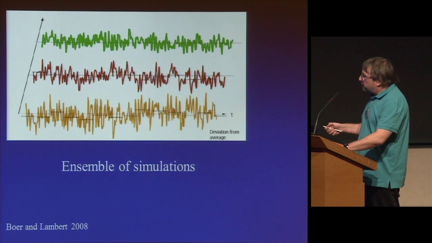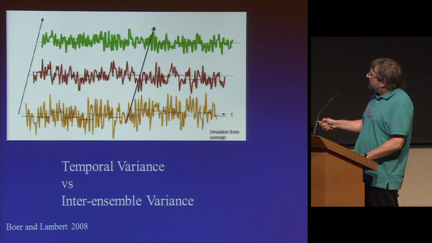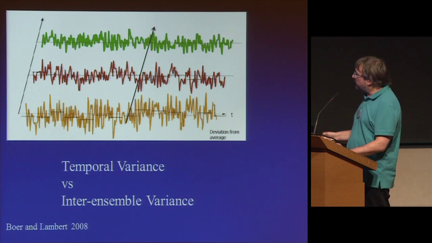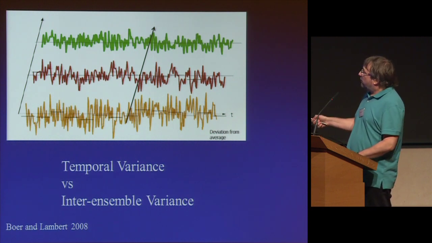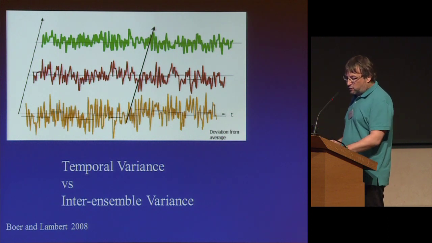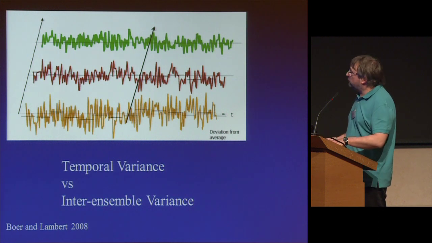you can imagine that you are able to compute the variance of this decadal signal across the different members of your ensemble of simulations. And comparing the variance along the time and across the members is a way of evaluating the predictability.